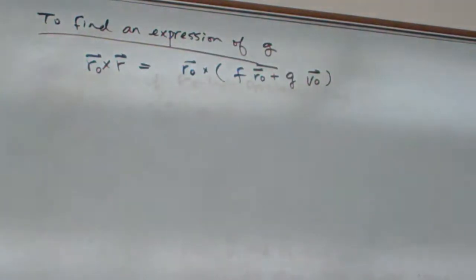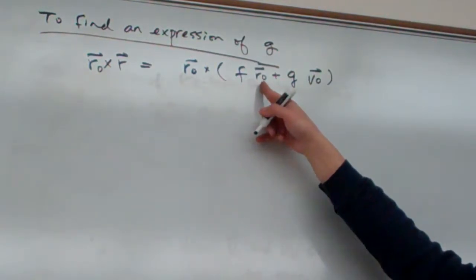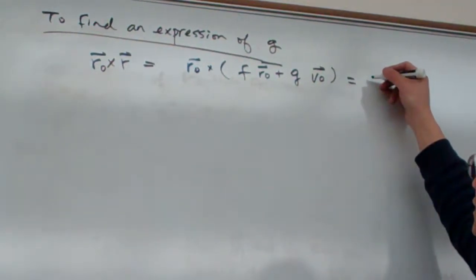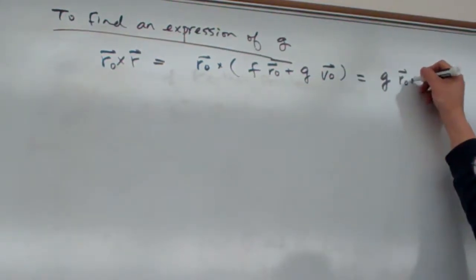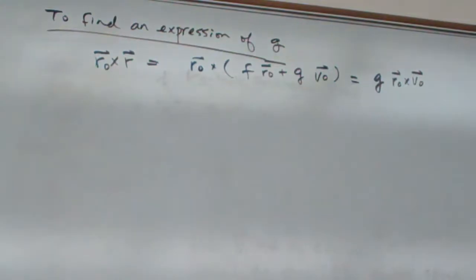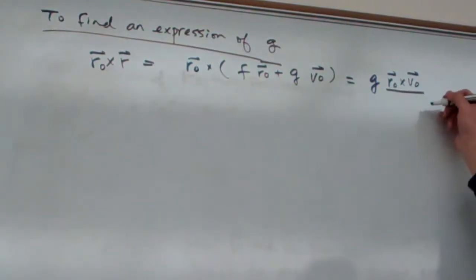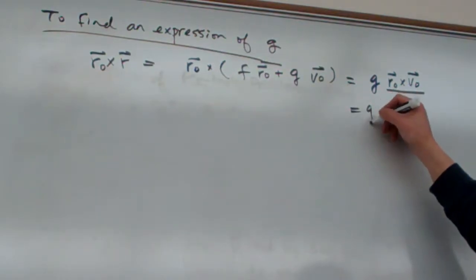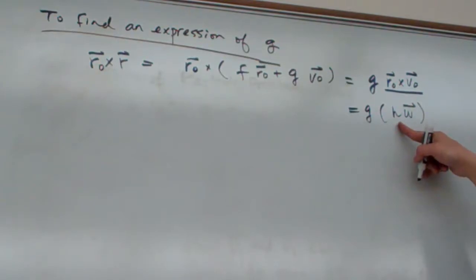Okay. So in this way, R0 cross R0 itself becomes 0. So basically, that is G times R0 cross V0. So again, this one we take the same thing. So that is G times H W. That's the angular momentum for H.